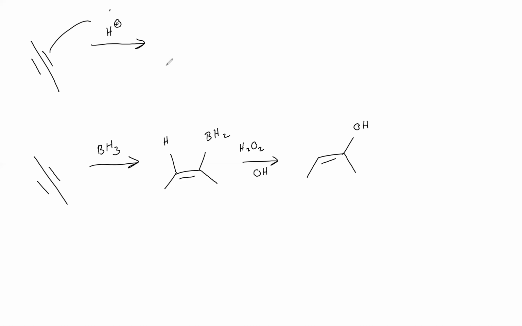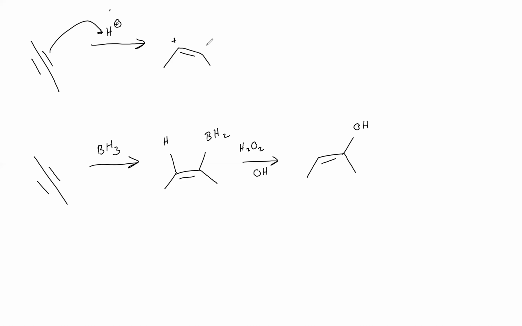I'm going to skip the mechanism for hydroboration oxidation, actually, I'll just draw it out because I know you would love it if I did that. We end up with BH2 here, H here. So this is going to be BH3, and then we oxidize with H2O2 and OH, and we end up with this product right here. The same thing happens with the acid, except first the hydrogen will attack and we end up with a carbocation.